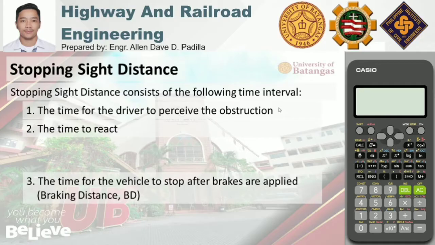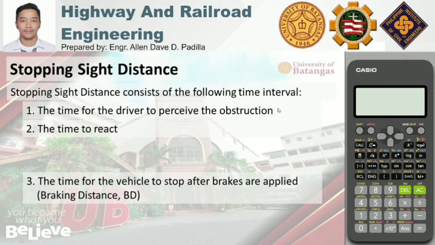So, according to studies, the perception reaction time ranges from 2 to 2.5 seconds. So, depende yan sa alertness, care, skill, and vision of the driver. Isama na natin yung weather condition. So, yun yung factors that affect the perception reaction time.